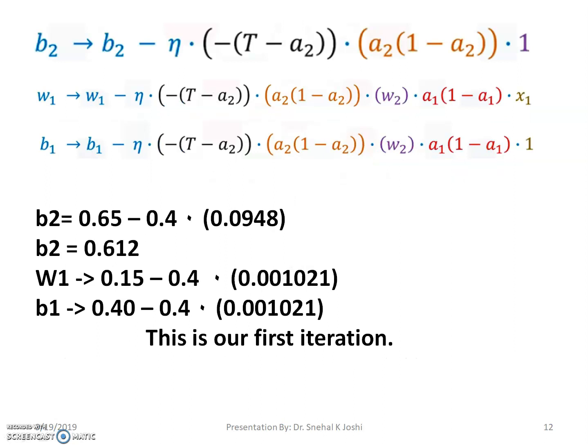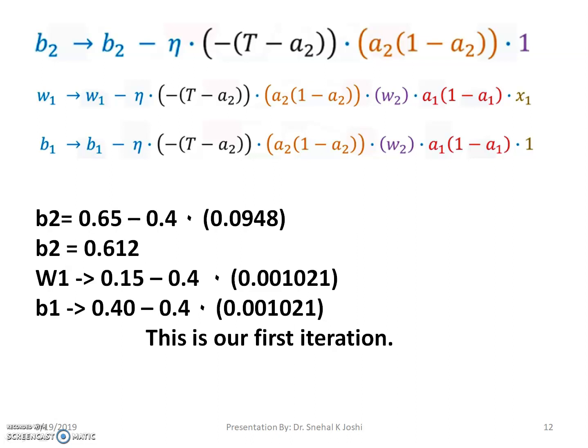After completion of our first iteration, we obtain updated W1, B1, W2 and B2. Using these values, we will again perform forward propagation and find Z1, A1 and then Z2, A2. Again, after achieving the predicted value as A2, we calculate the error and again perform back propagation to update W2, B2, W1 and B1.